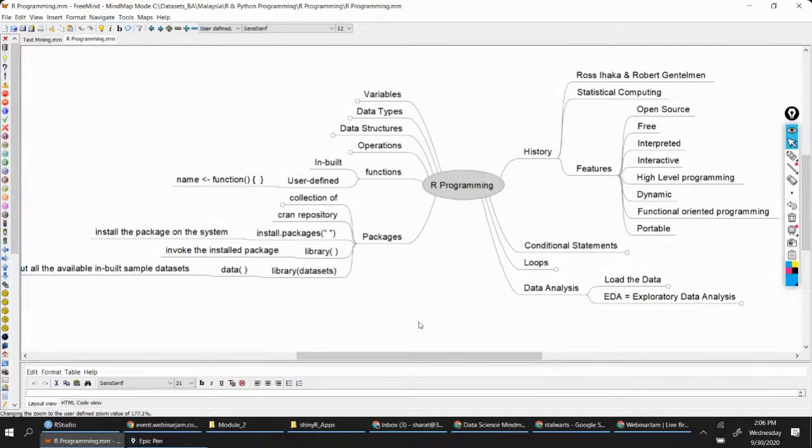So we started pre-processing the data. We looked at missing values. We checked if the data has any missing values; we have to address that. We've also checked whether the data has outliers, extreme values. We have to address those things. We also understood that the data may have to be converted from one form to another, the data types.